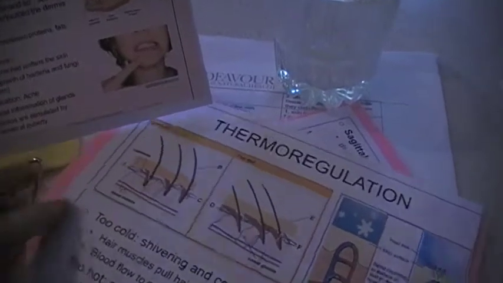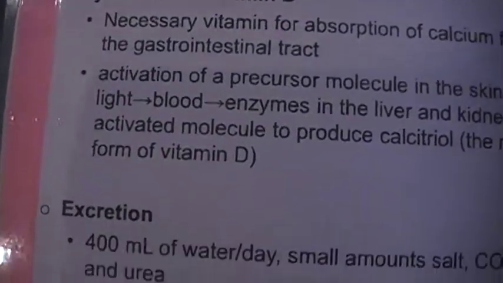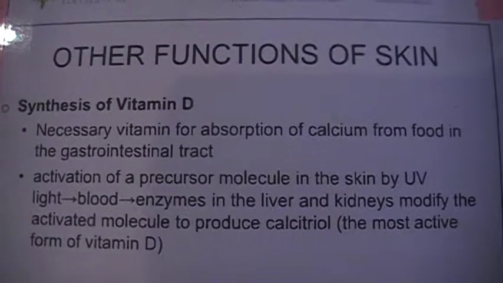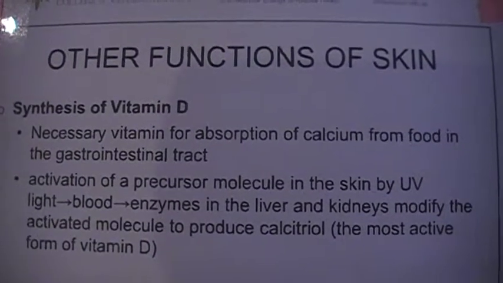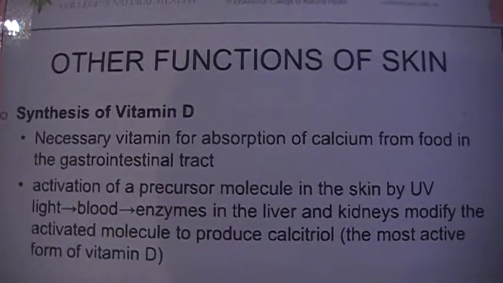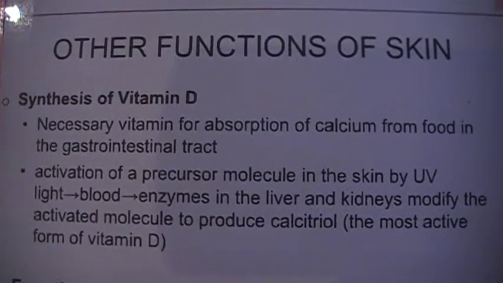So pecs, that's T, so now we're up to S. And that is synthesis of vitamin D. Vitamin D is necessary to help calcium be absorbed in the GI tract.